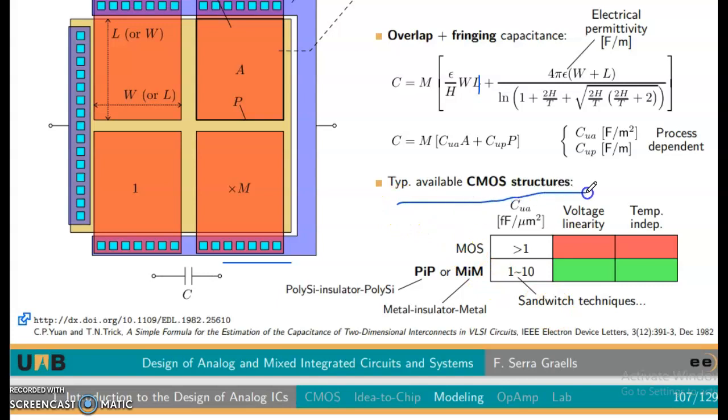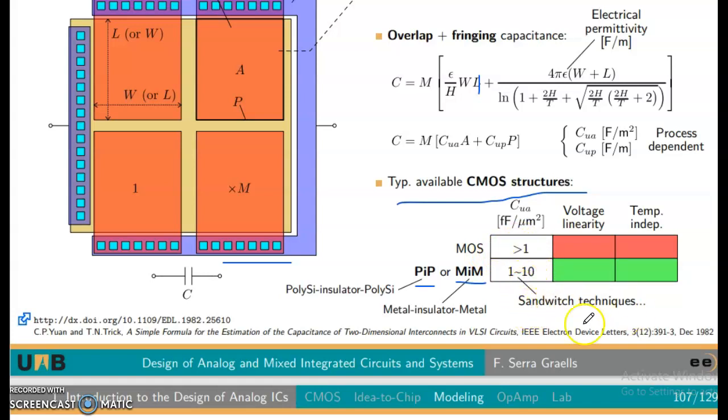Typical available CMOS structures. PIP already we know, polysilicon insulator polysilicon, or metal insulator metal. MOS, metal oxide semiconductor, greater than 1.